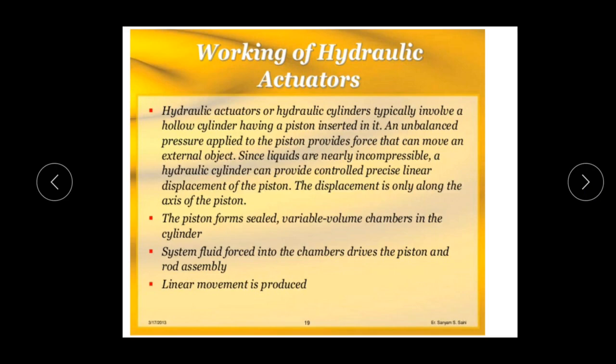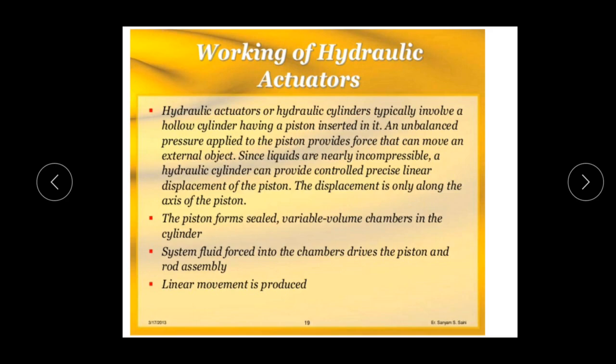Let us discuss the working of hydraulic actuators. Hydraulic actuators are hydraulic cylinders typically involving a hollow cylinder having a piston inserted in it. An unbalanced pressure applied to the piston provides a force that can move an external object. Since liquids are nearly incompressible, a hydraulic cylinder can provide controlled, precise linear displacement of the piston.